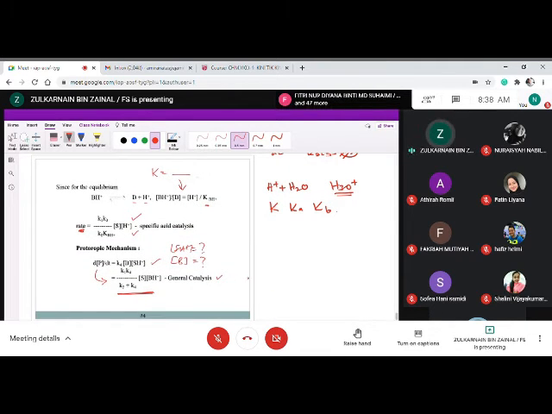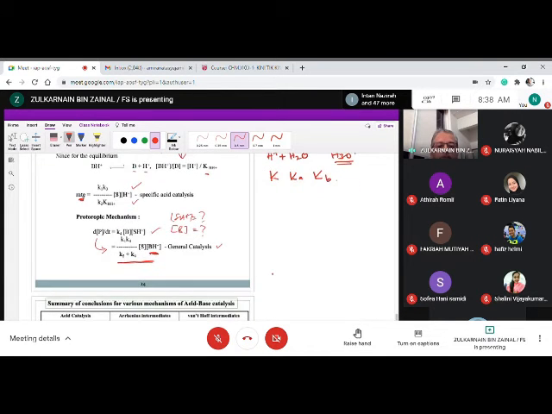Okay, so for the prototropic mechanism, you can see it is a little bit different from what you have seen for the protolytic, where you can see the reaction will involve the concentration of BH plus, instead of the concentration of H plus, right?